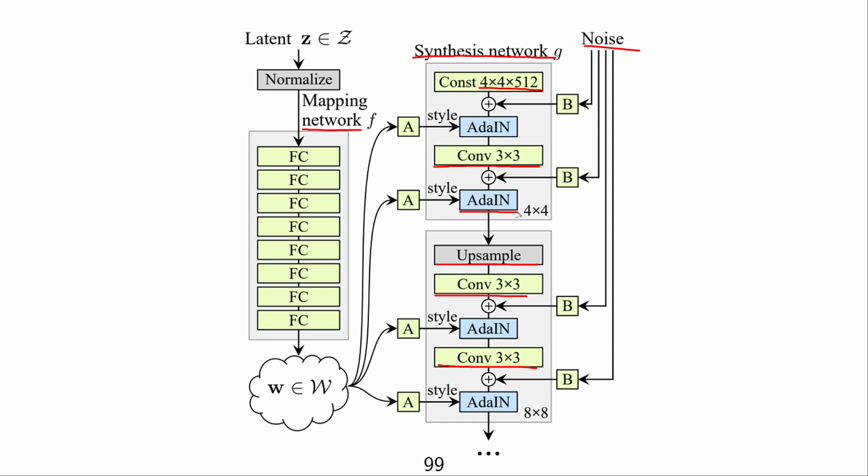And then we will add our new mean and new standard deviation, but not as in other forms such as batch normalization. We really do it very similar to style transfer, where the mean and standard deviation are values that are provided by this mapping network. So this provides the control over the result.